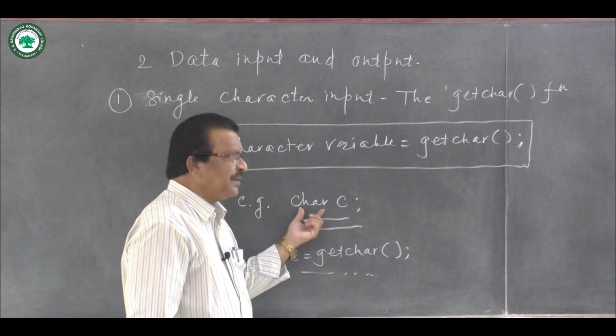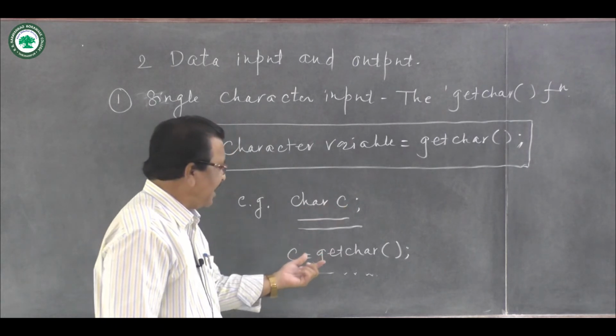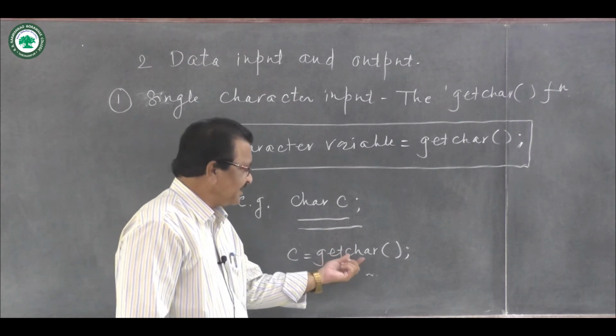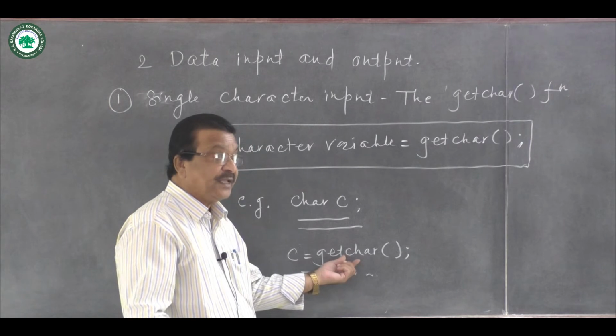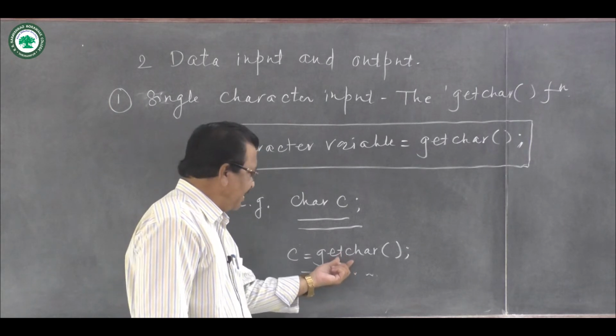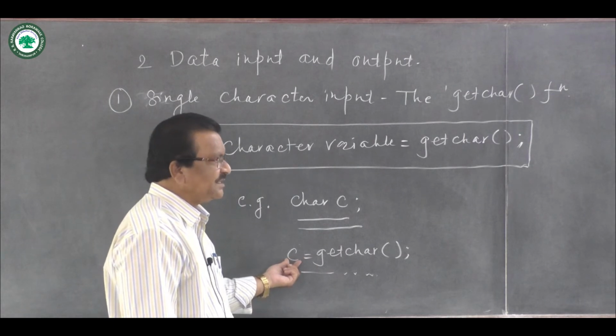The first statement declares that c is a character type variable, and the second statement causes a single character to be entered from the standard input device, namely keyboard, and assigned to the previously declared variable c.